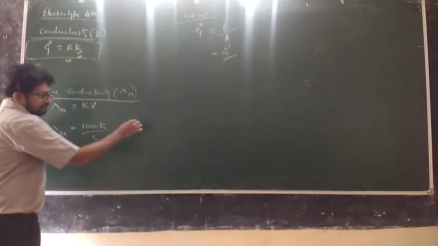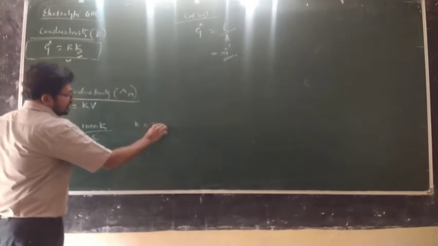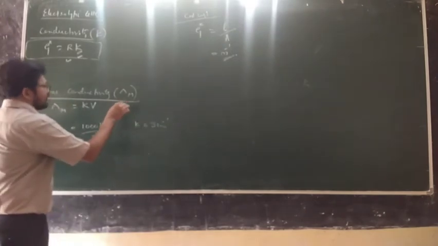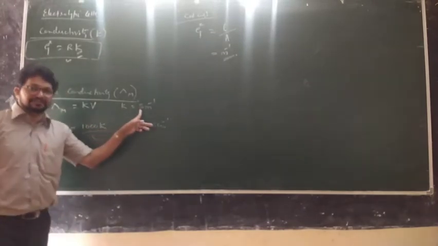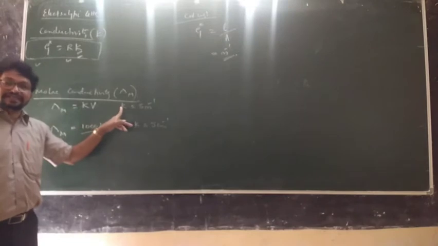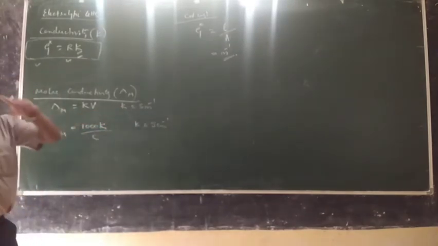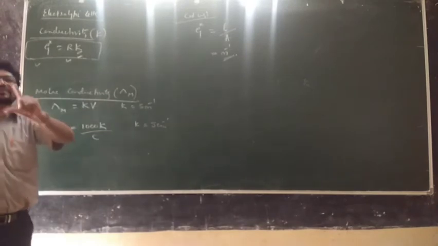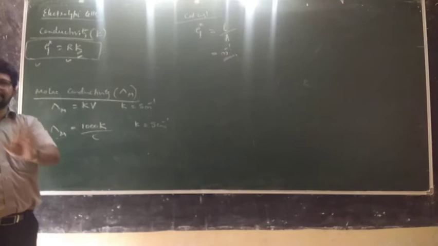See here, very important. Here K is in S cm^-1. Here K is in S m^-1, Siemens per meter. In the SI unit, conductivity is Siemens per meter. What is conductivity? Unit length and unit area of cross section you have to have, then the conductance is conductivity.